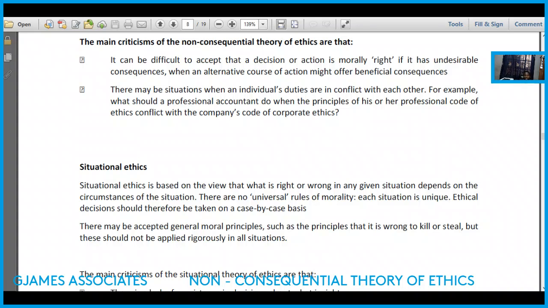So these are the aspects of ethics that we need to think about, and they are practical. What will you do in such a situation?